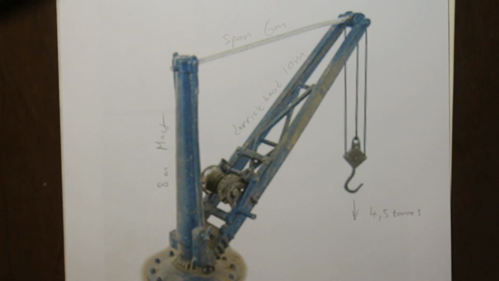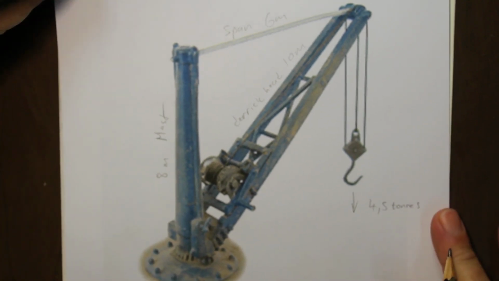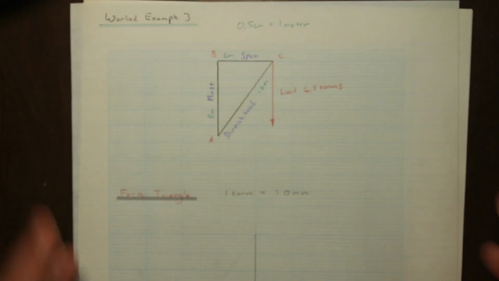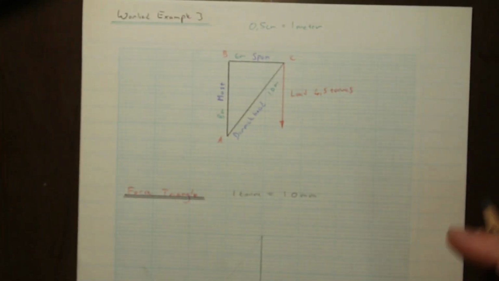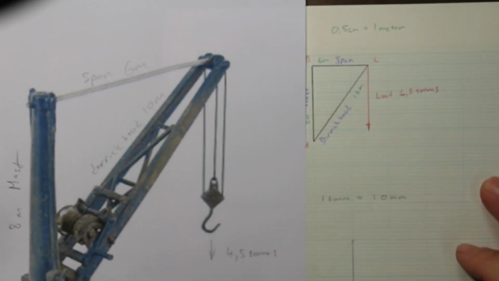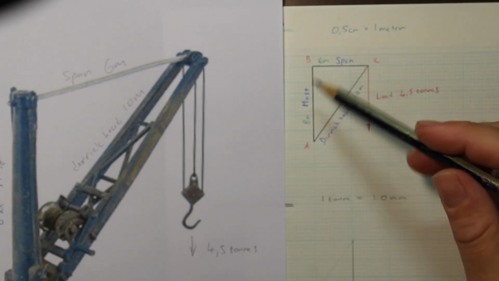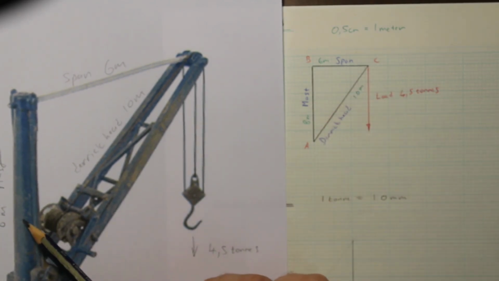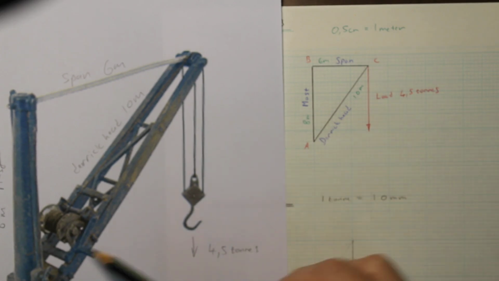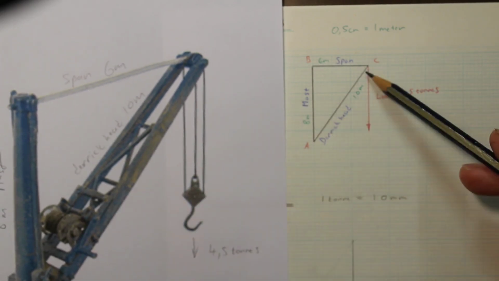Okay, so we're going to translate this now into our drawing. I've done that already, so you can see over here. On the top here is the span, the 6 meter span. On the side here is the mast, the 8 meter mast. And over here diagonally is the derrick head, which is 10 meters.